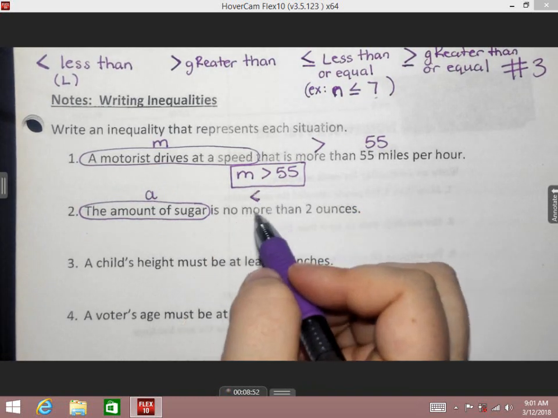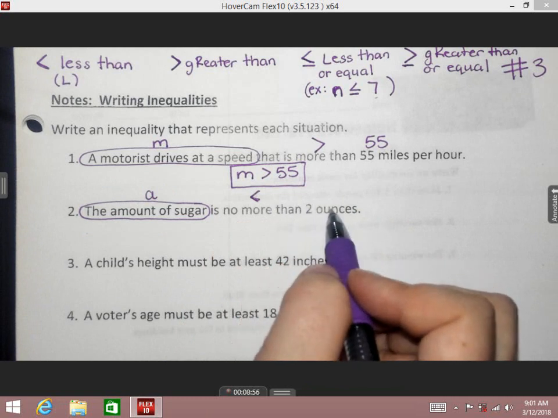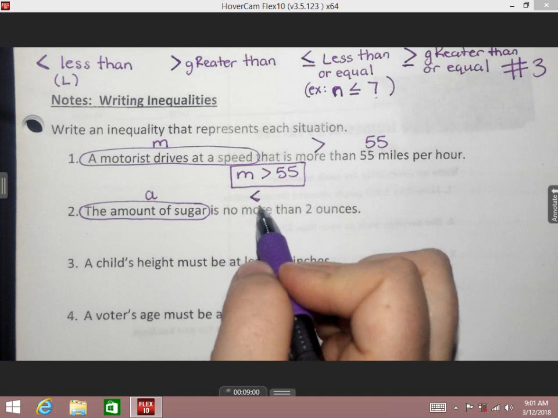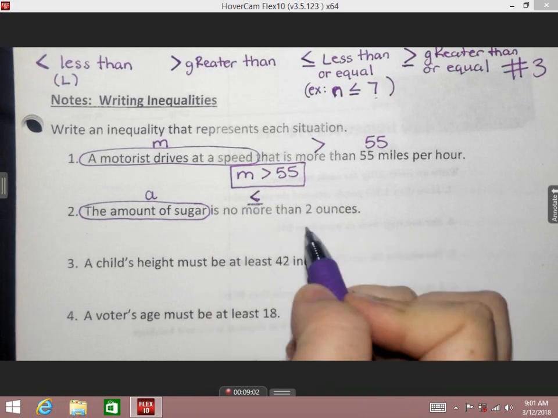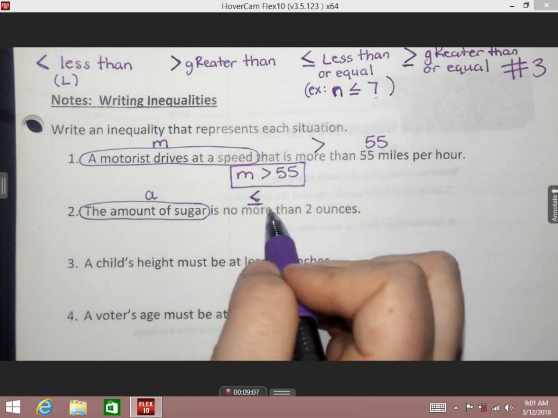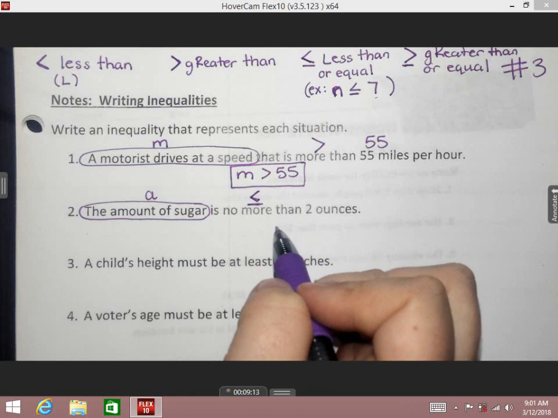All right? It could be less than, but if it's not more than, does that also mean it could be equal to? So if it's no more than, that means it's going to be less or equal. Because the opposite of more would be less and also equal. Do y'all see why I need the bar there? Are there any questions about that?